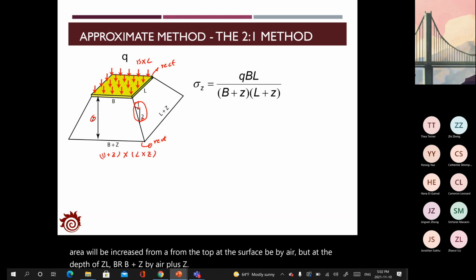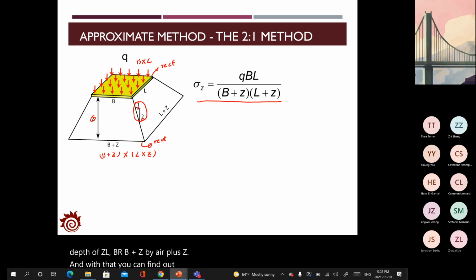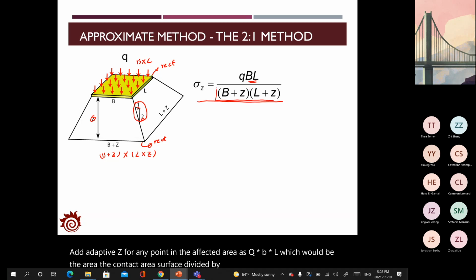With that, you can find the stress at the depth of z for any point in the affected area as q times b times l, which is the contact area at the surface, divided by the affected area at the depth of z.